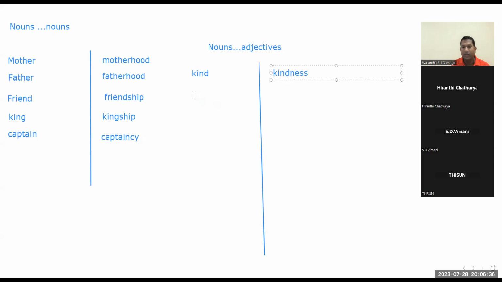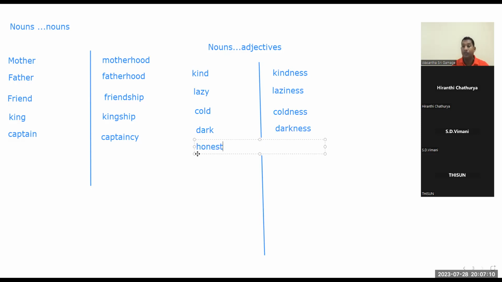Likewise, we call it kindness. And lazy. Just remove y and we can add iness: laziness. And you know this one, cold, and here we can say coldness, and dark, අන්ධකාරය, darkness, right?